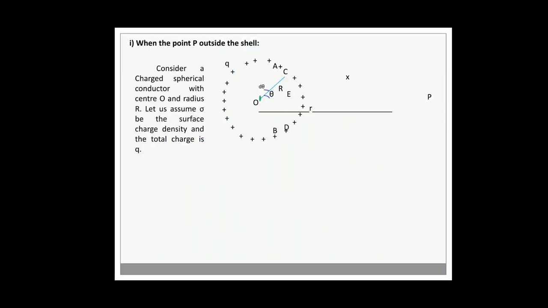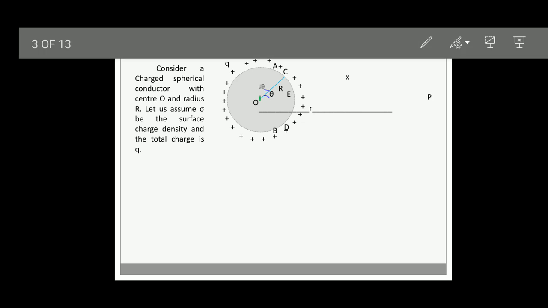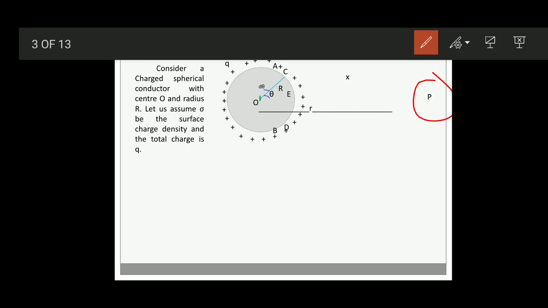In this first case, let us consider a spherical shell whose radius is capital R, represented by OC. A point P lies outside the spherical shell at a distance r from O, where we have to determine the electric potential.